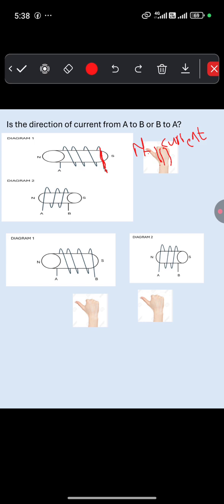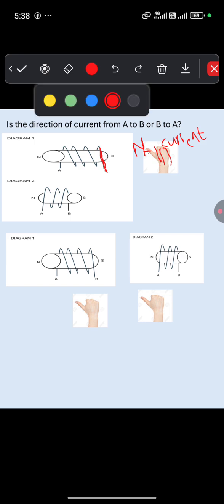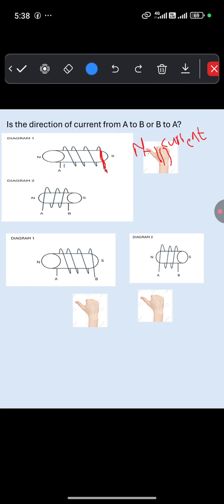But this one here that we see is the back wire at A. A back wire is not continuous, right?